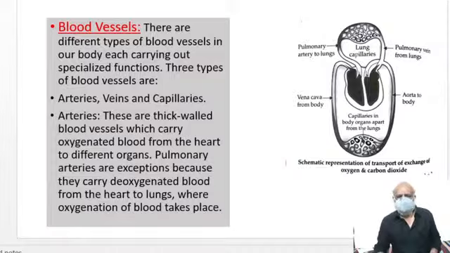Now human circulatory system contains blood vessels and heart. We have to learn about these components. Blood vessels are arteries, veins, and capillaries.